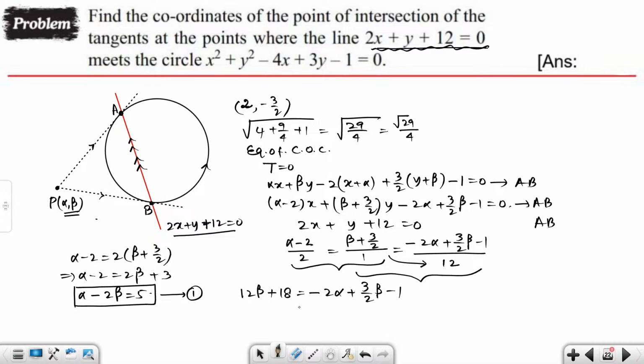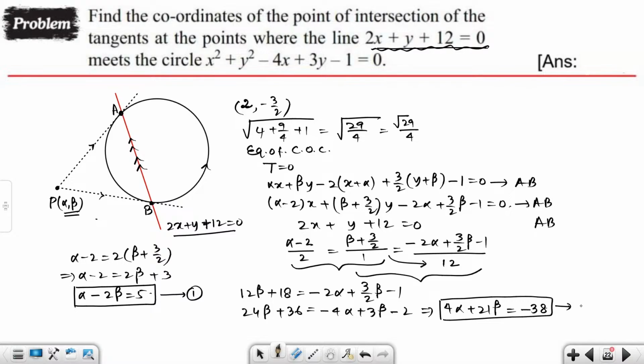So it will give us something like this, 24 beta plus 36 equals minus 4 alpha plus 3 beta minus 2, okay? So from here we are getting 4 alpha plus 21 beta is equal to minus 38. Is it clear? So this is our second equation.